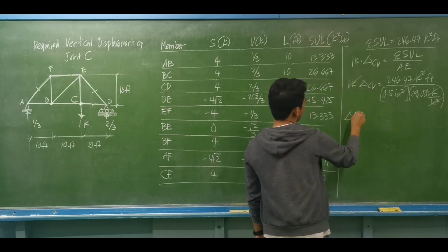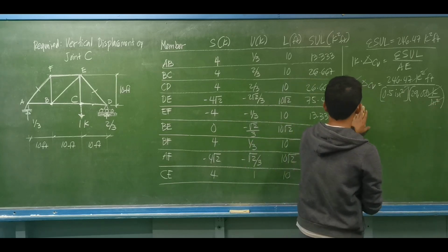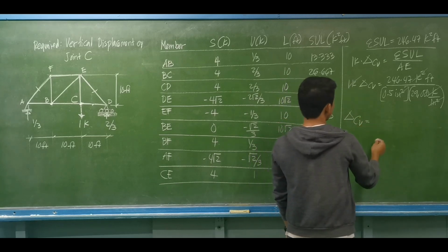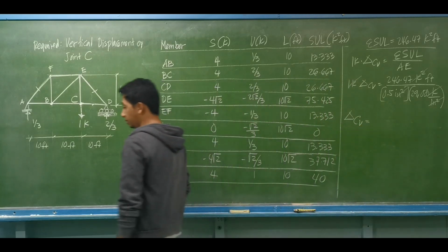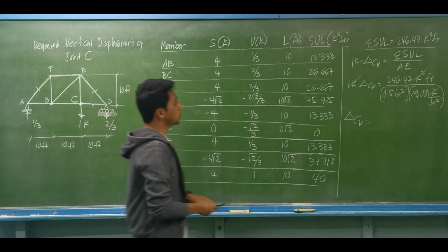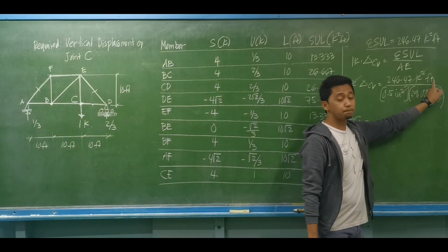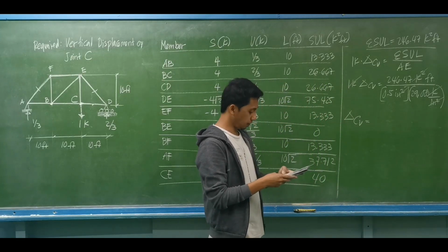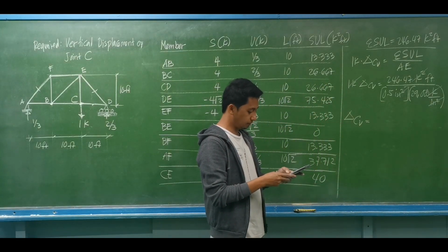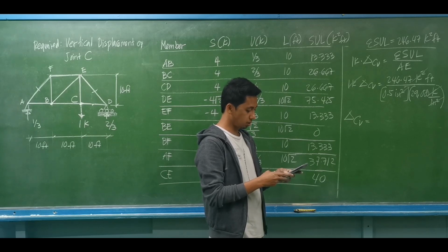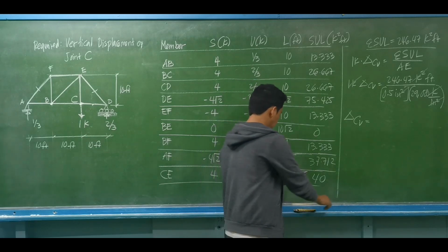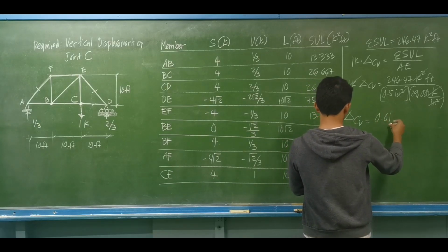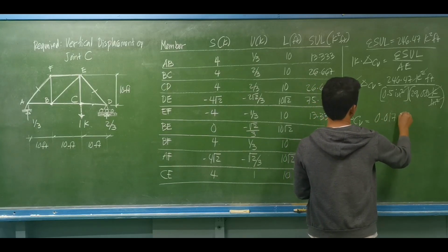So we have now the vertical displacement about joint C equal to, let us compute that value. As you can see, the remaining term will be in terms of foot. 246.47 over 0.5 times 29,000. We have a value of 0.0117 foot.